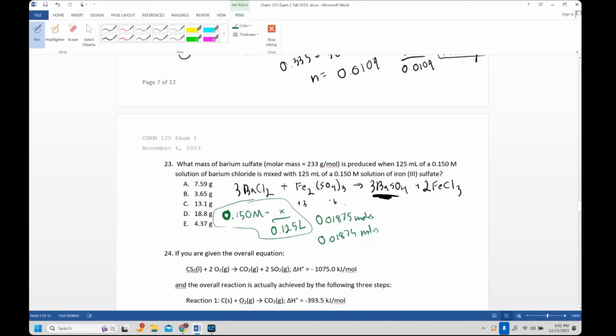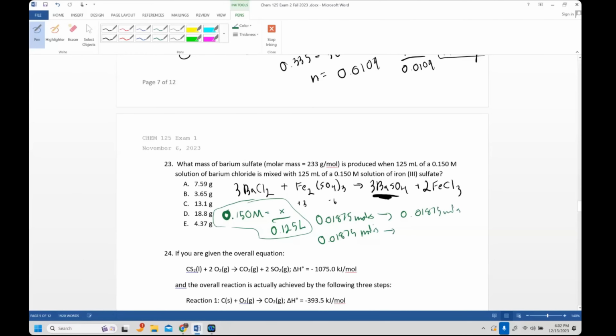Now, to figure out which one's limiting, we can say, all right, if we have the same number of each reactant, let's compare them to the barium sulfate. Barium chloride, it's a 3-to-3 or a 1-to-1. The barium chloride will make 0.01875 moles of product of barium sulfate. The iron 3 sulfate, it's a 1-to-3.